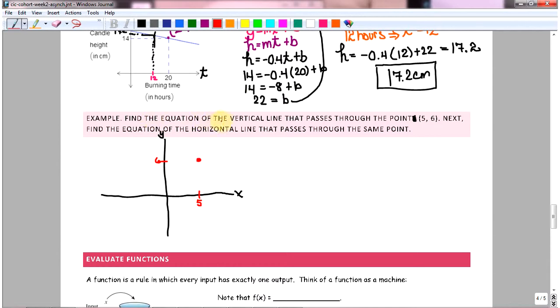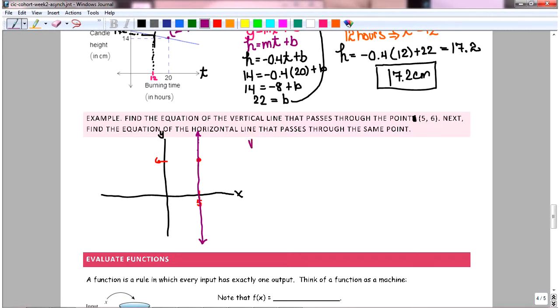And we're starting off with the equation of the vertical line. So if we just look at a vertical line that goes through 5, we already know that the slope is undefined for a vertical line. But if you look at all of the points that are on this line, they all have an x value of 5, and every y value is taken on by that line.